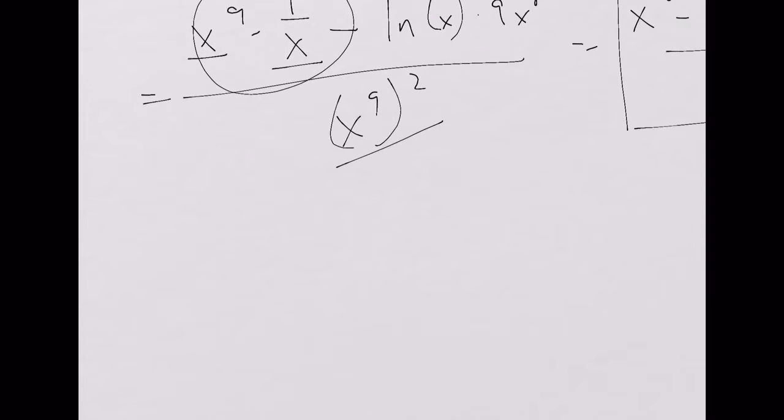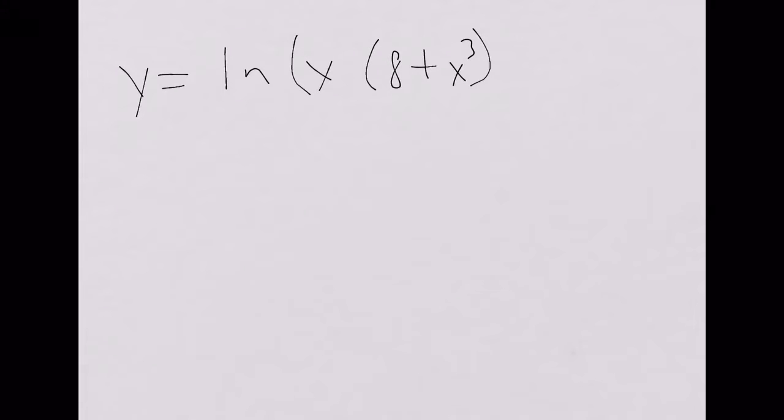And then another one to look at was number 5. It was natural log of some product. I'm going to go ahead and put it raised to the 1/2 versus the square root.